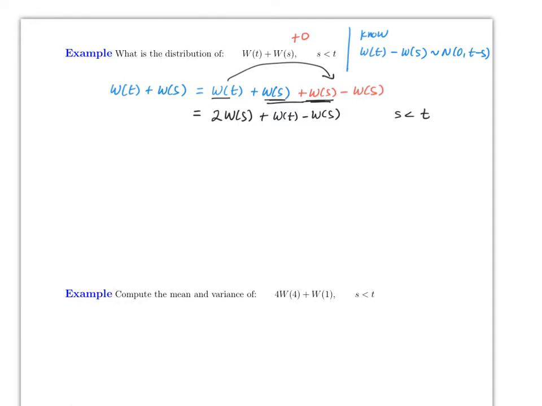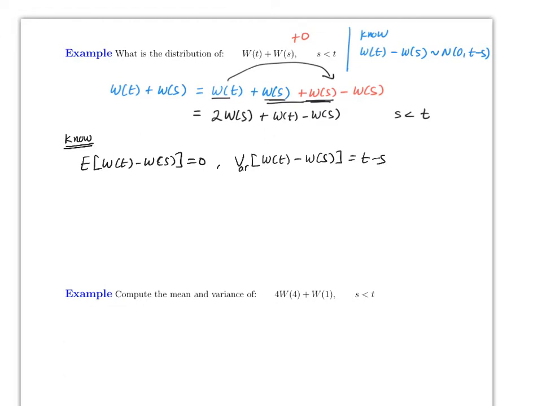From the previous page, we already know that the expected value of Wt minus Ws is equal to 0, and also that the variance of Wt minus Ws is equal to t minus s.